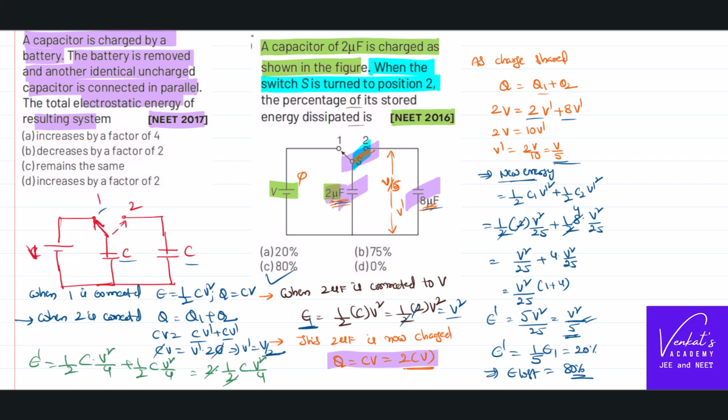This 2 will cancel, so this is CV square by 4. This is half of half CV square. That is what he is asking: by what factor will the total electrostatic energy change? It is half of the initial energy, so it decreases by a factor of 2. That is the answer for the problem.